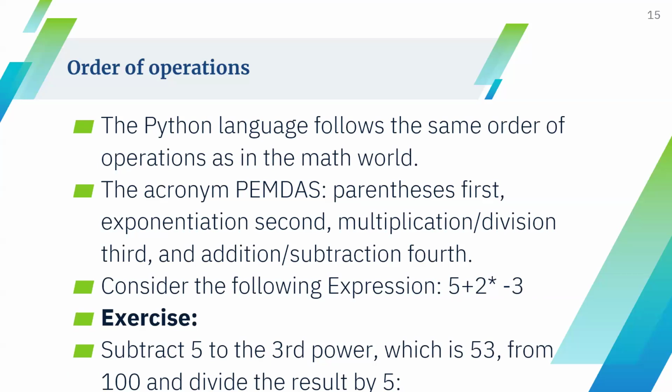Now see, the exercise is: subtract 5 to the third power, which is 5^3, from 100 and divide the result by 5. So this is an exercise here.